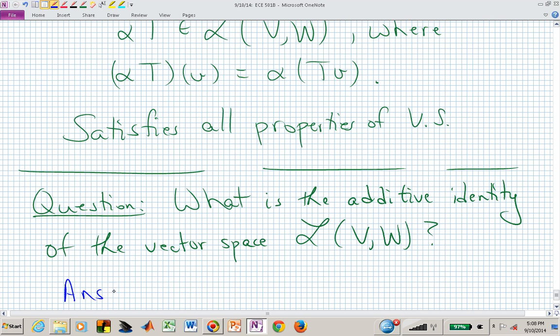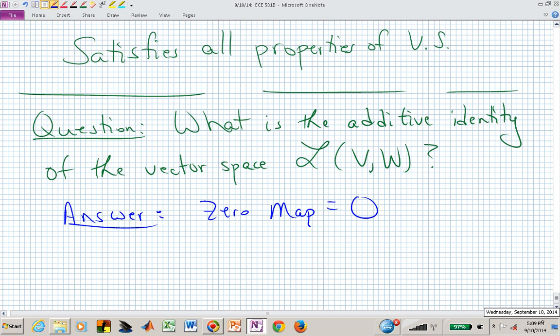The answer is the zero map. And that's the additive identity in that vector space. And a vector space has to do what? It has to contain an additive identity and it has to have additivity and homogeneity. Or a vector space has to be closed under addition and closed under scalar multiplication, which you can subsequently show.